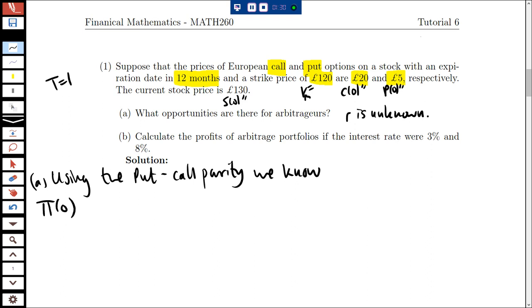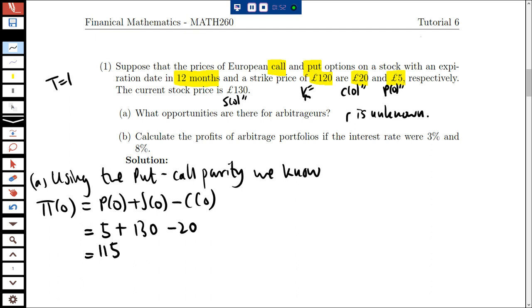We've got the portfolio using the put, the call, and the stock. If we buy a put, buy a stock, and short a call, the value of the portfolio is 5 plus 130, take away 20, which is 115.